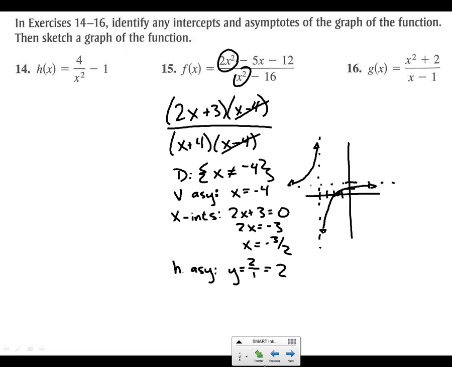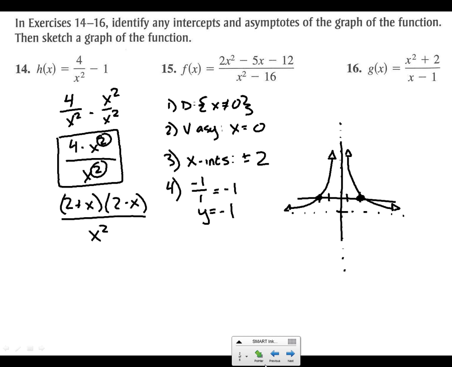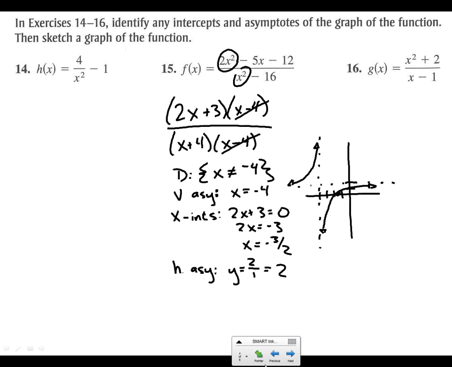All right, let's go ahead and try 16. Let me erase this quickly.